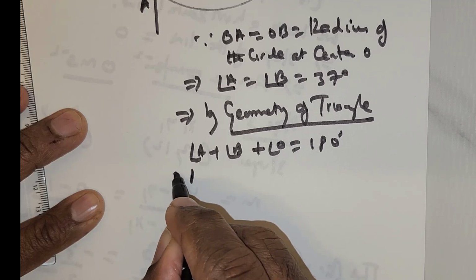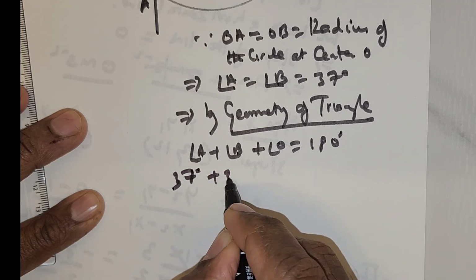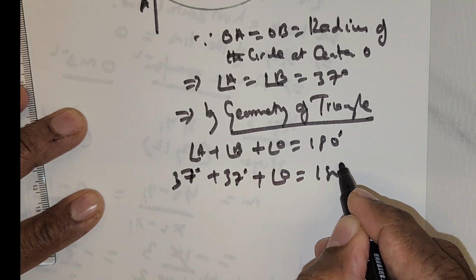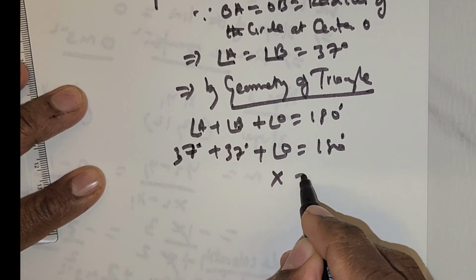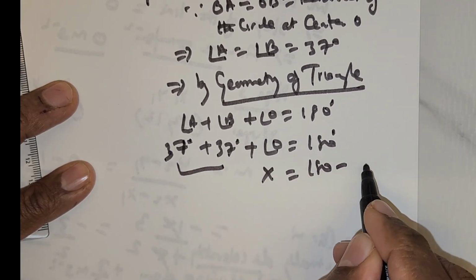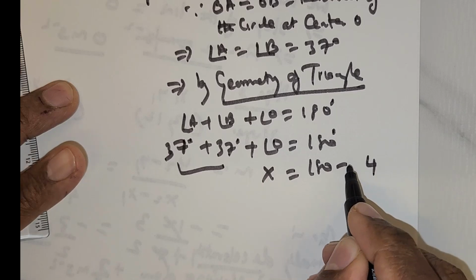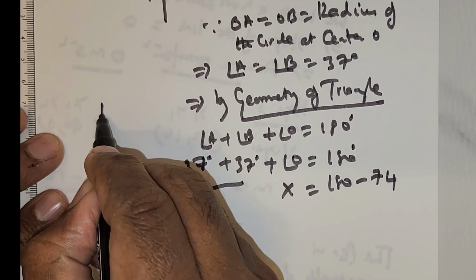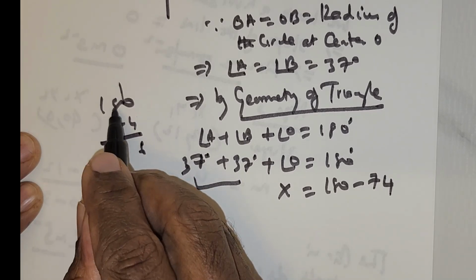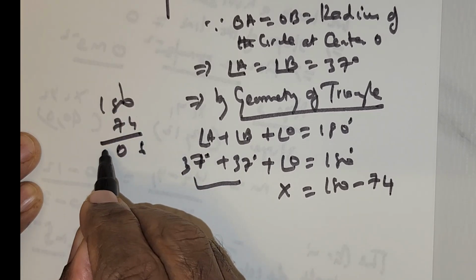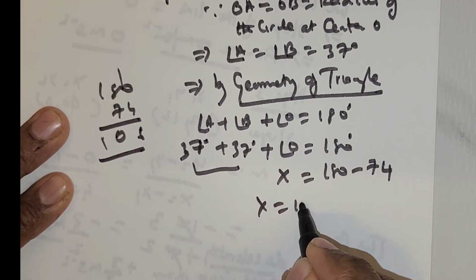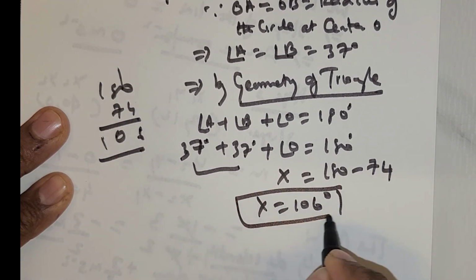Angle at A is 37, angle at B is 37, angle at O is required, and this is equal to 180. Angle at O is X, so this is going to be 180 minus 74. From 180 you subtract 74, and you have 106. So X is equal to 106 degrees.